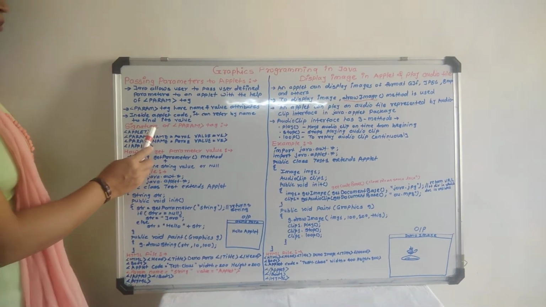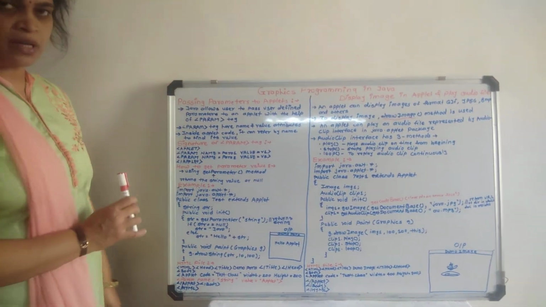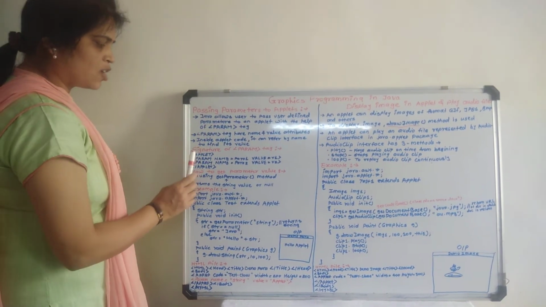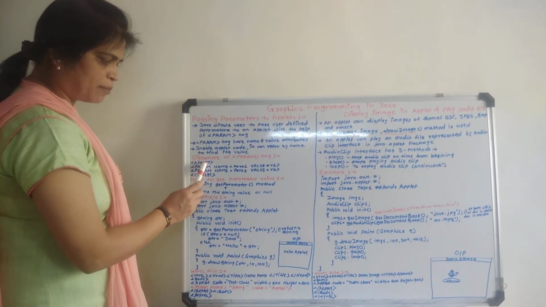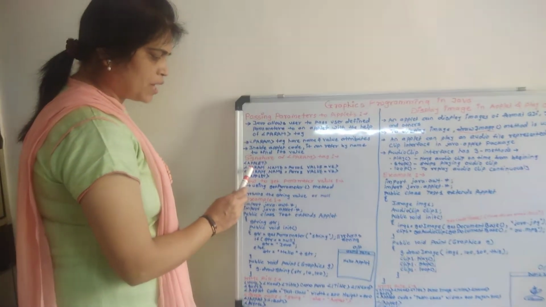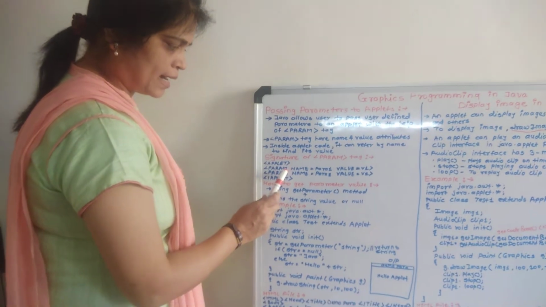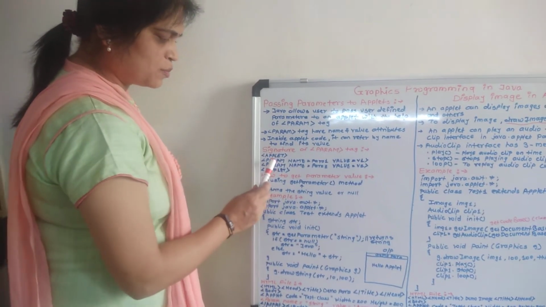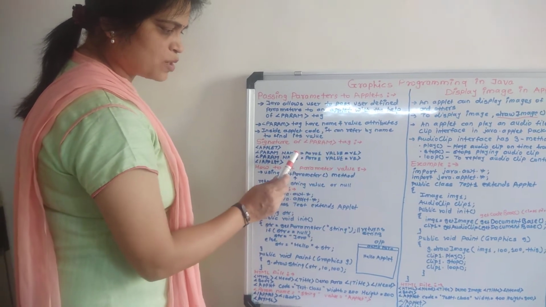What is the signature of the param tag? We always have to use the param tag inside the applet tag only. As we discussed, the param tag has two attributes.